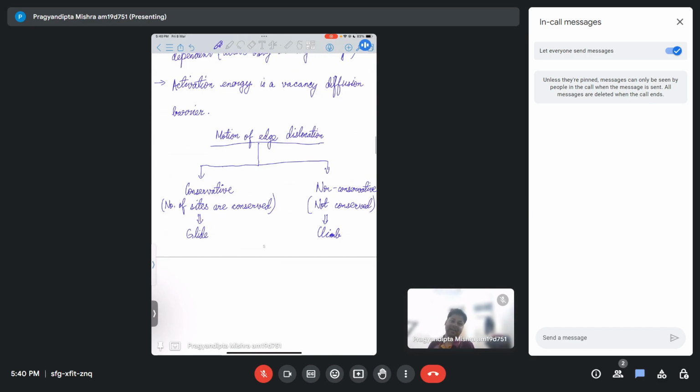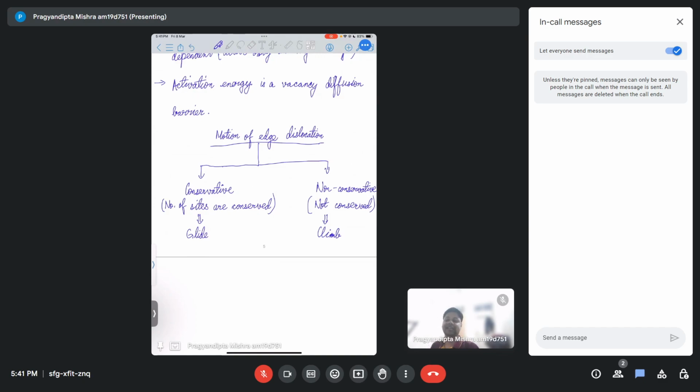All these motions we are talking about, glide, climb, and cross slip, are defined when the dislocation moves along a straight line. However, that is not always the case. As you would have seen in the videos, in real life the dislocation will not always stay in one straight line shape; it will take different shapes. So if the dislocation is not moving along a particular plane or line, how does it actually glide?